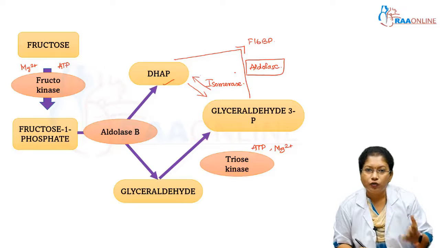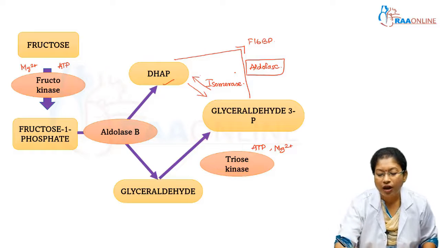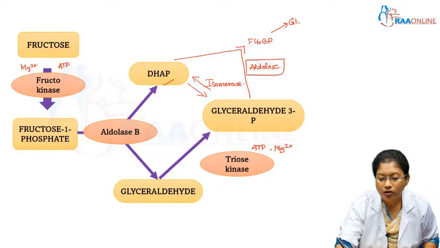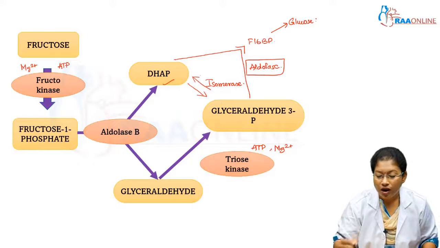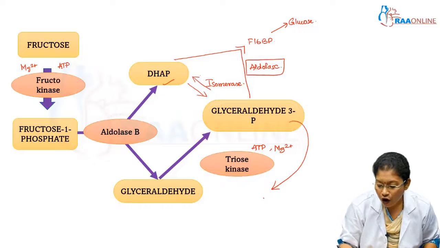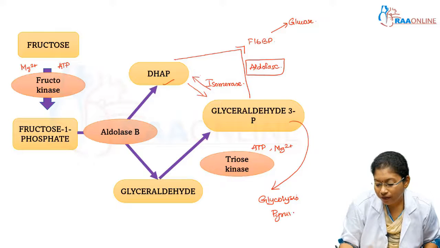Fructose 1,6-bisphosphate can enter the gluconeogenesis pathway and form glucose. Otherwise, glyceraldehyde 3-phosphate alone can form the glycolysis end product, that is pyruvate.